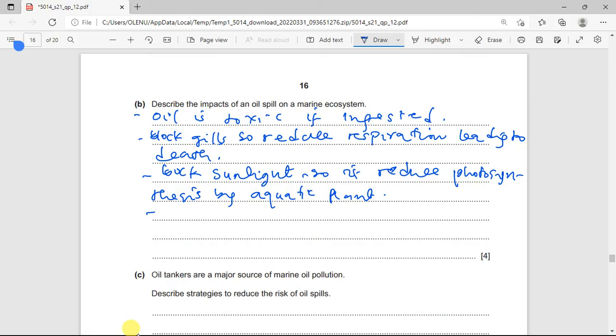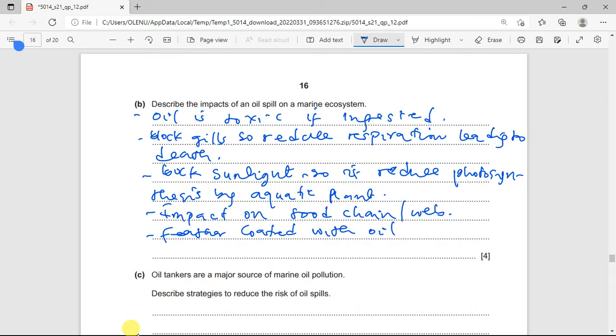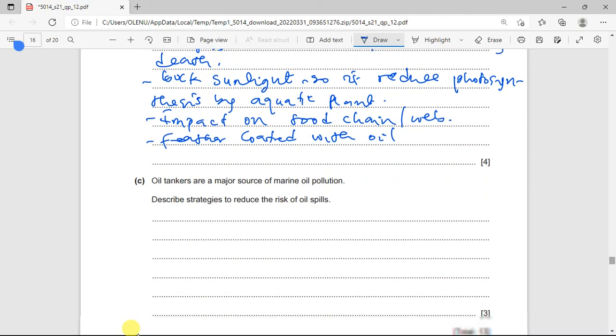If it reduces photosynthesis, it will have an impact on the food chain, or you can put web or ecosystem, whichever. Birds will want to prey on fish and thereby get their feathers coated with oil, which will prevent flight, and they too can die from it.